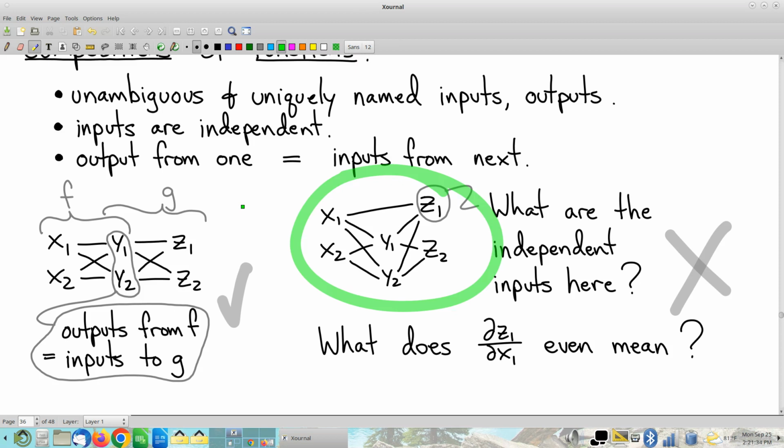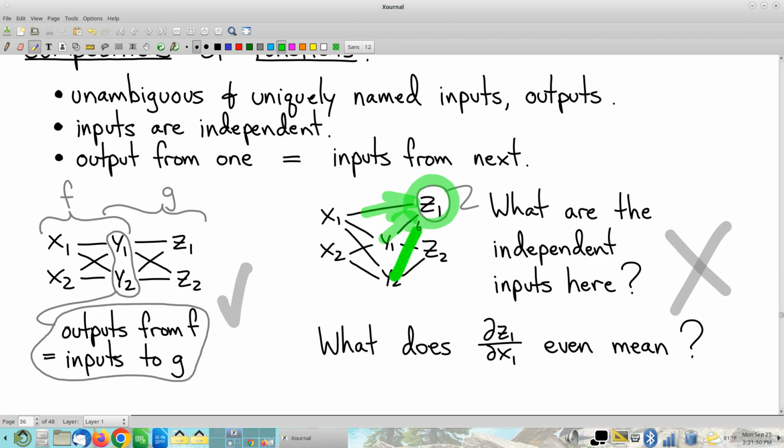Where are the two functions that are being composed here? You know what I mean? So for example, look at z1 here. What is z1 a function of? Well, it seems, right, z1 appears to be a function of kind of all 3 of these variables, x1, y1, and y2.